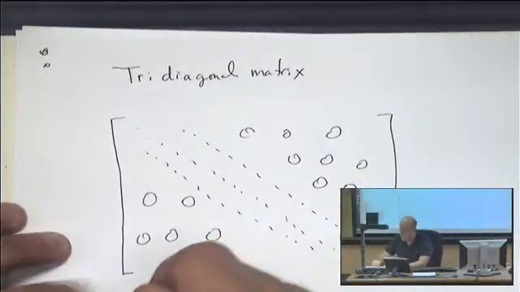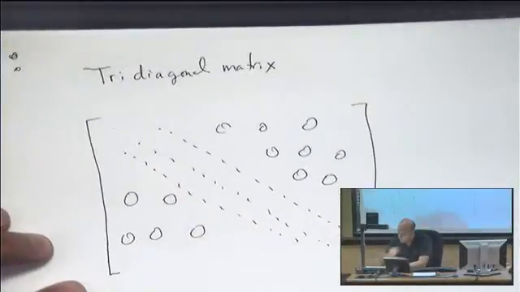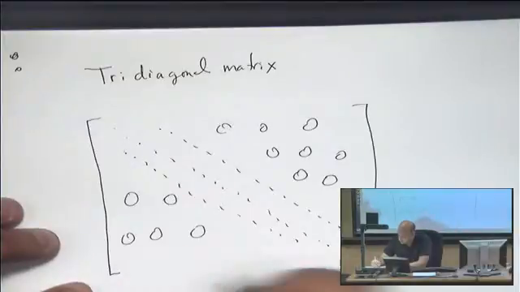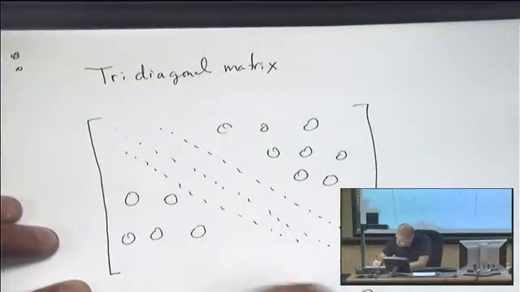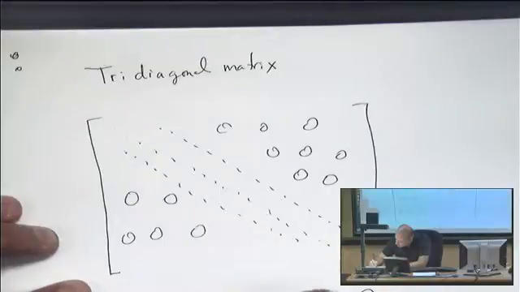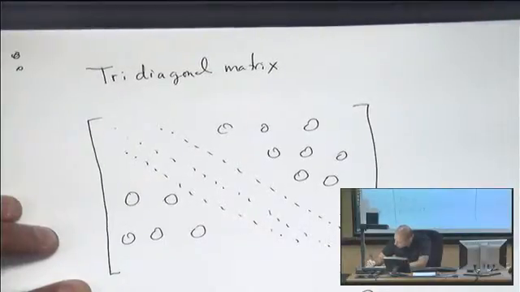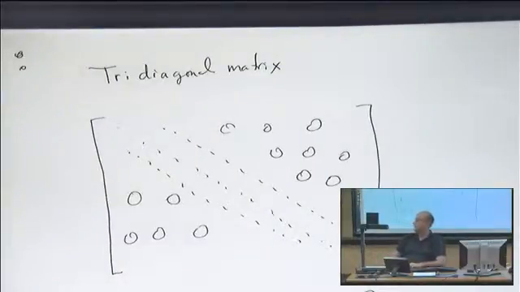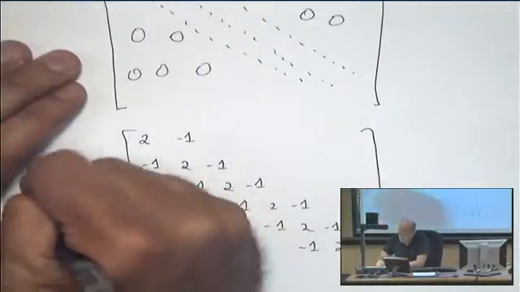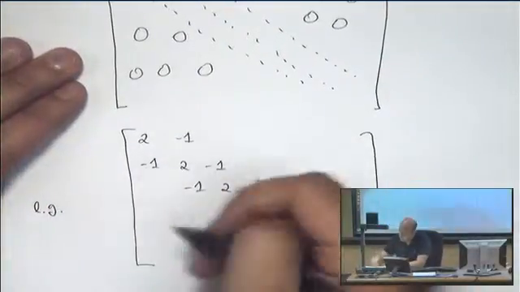Okay, so an example would be, let's just make it all 2's on the main diagonal, make it simple. And then make it -1 to the left and the right. And zeros everywhere else, right?